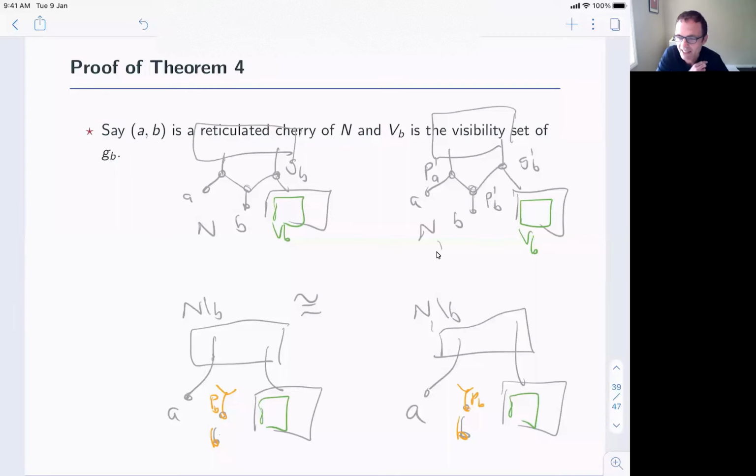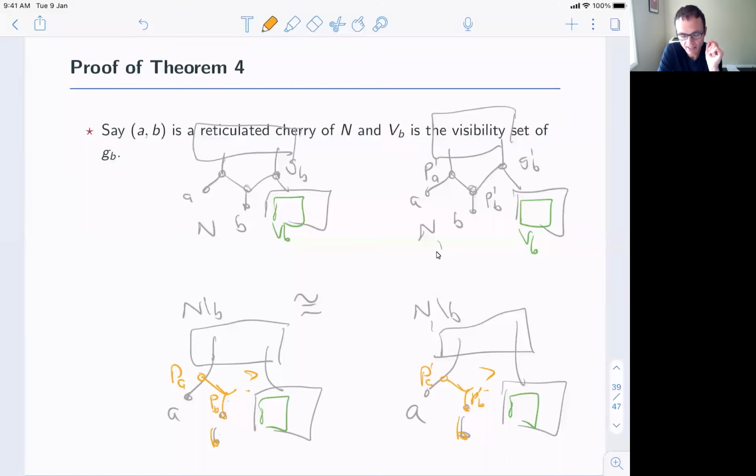Reattaching one of the arcs is easy. That arc's straightforward to attach. The trouble is the attachment point of the right-hand side. Where am I going to put GB, PB in the left-hand one and G1B in the right-hand one? All right, and that's the tricky bit.